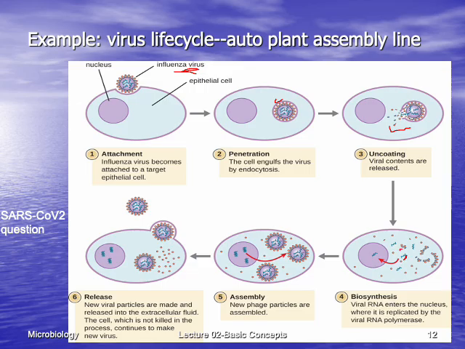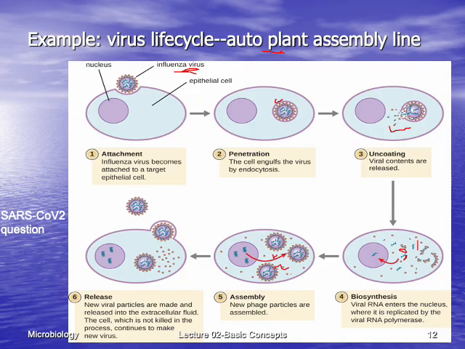Make many copies of my capsid proteins. Make many copies of my soluble proteins. So all these copies are made. And then they come together, like an auto plant assembly line. All those parts come together to make new baby viruses. In this case, we've got three new baby viruses.